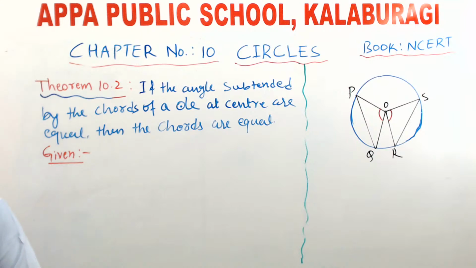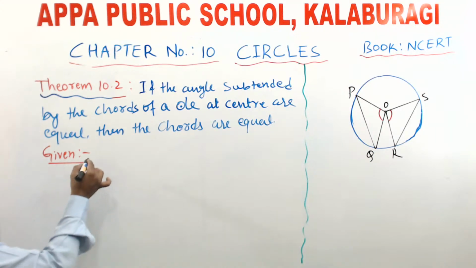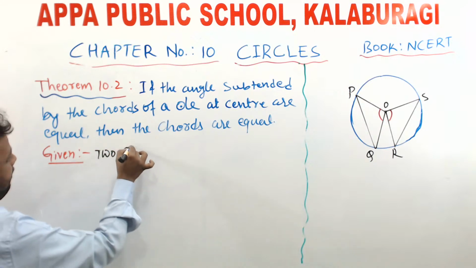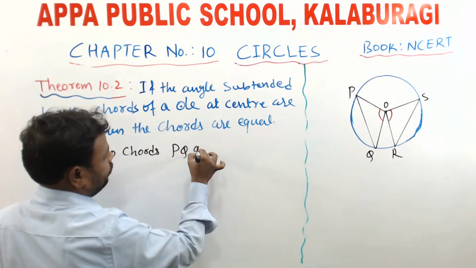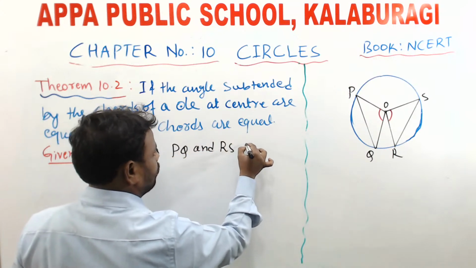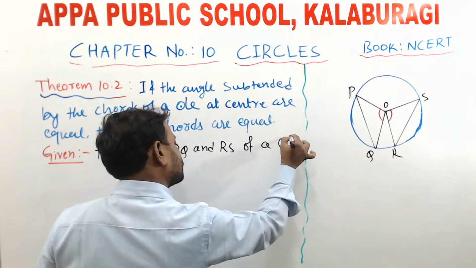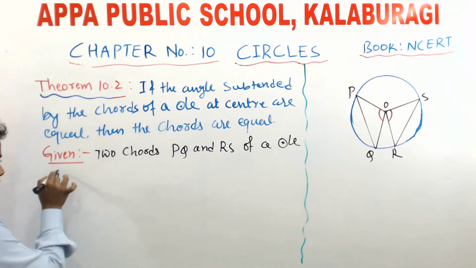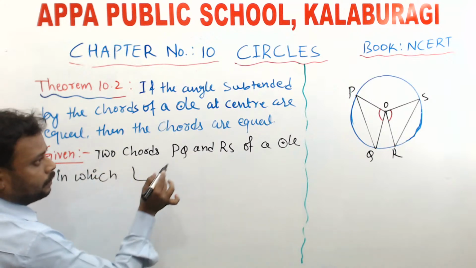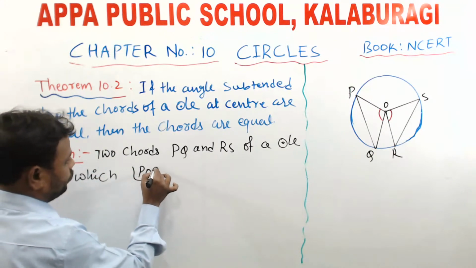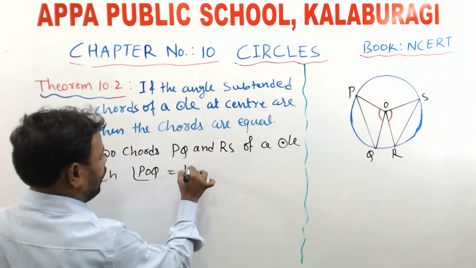So just what I'm writing: given. Two chords PQ and RS of a circle in which angle POQ is equal to angle ROS.